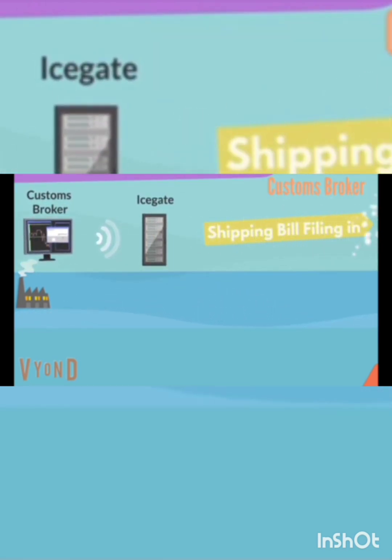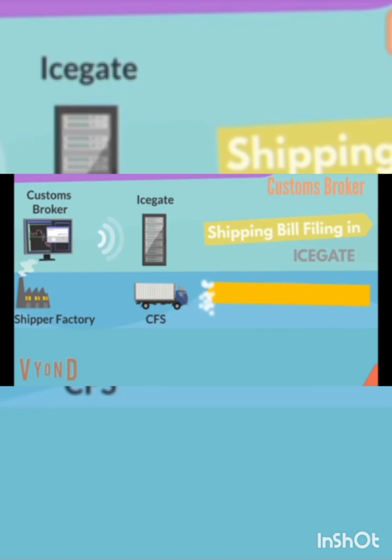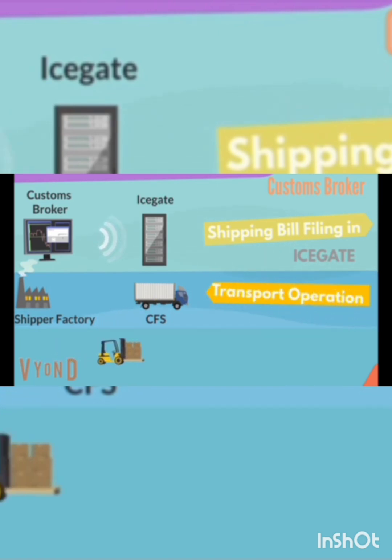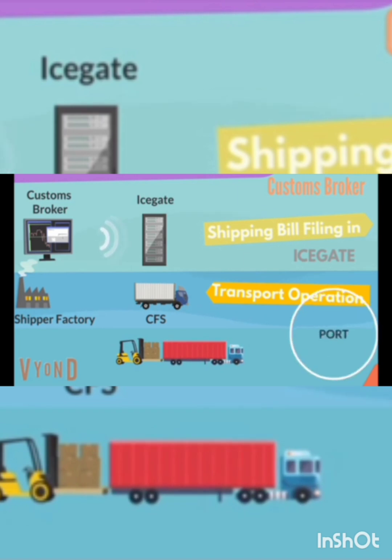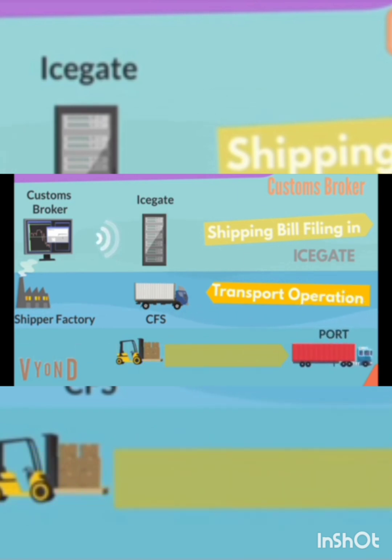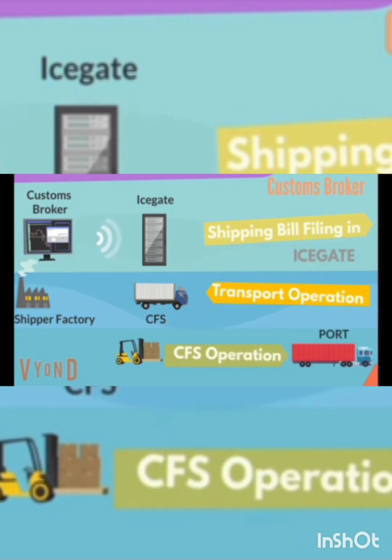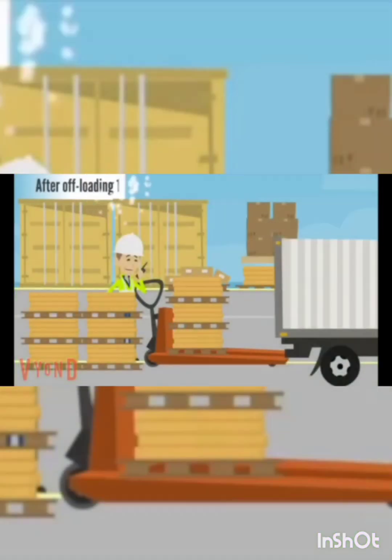Now we are going to look into something called CFS operations. Customs broker process has 3 modules. First one is shipping bill and gate, then transport operations, and the next one is CFS operations. After offloading 120 boxes, trucks leave CFS with a valid gate pass.